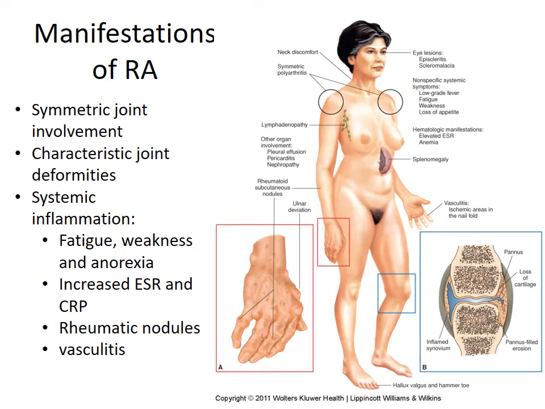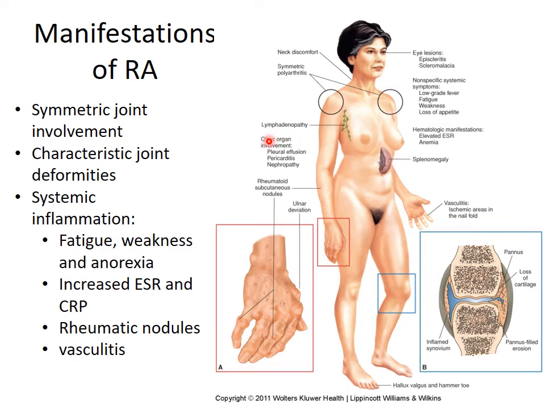And because she has these inflammatory chemicals circulating in her body, she experiences fatigue, weakness, and anorexia. She may see inflammation in other places. So she may see neck discomfort due to the problems with the spine, lymphadenopathy in the lymph nodes.